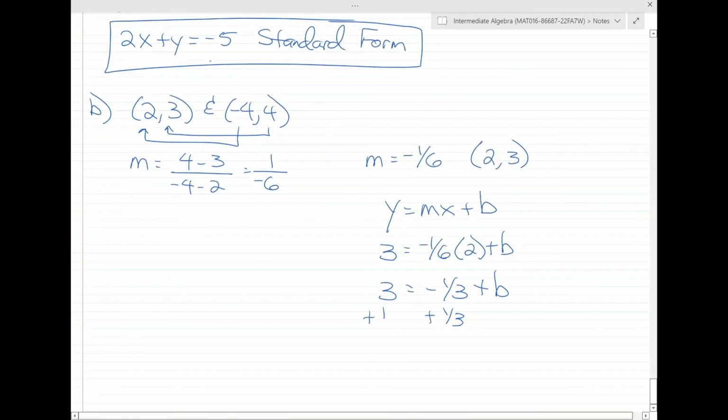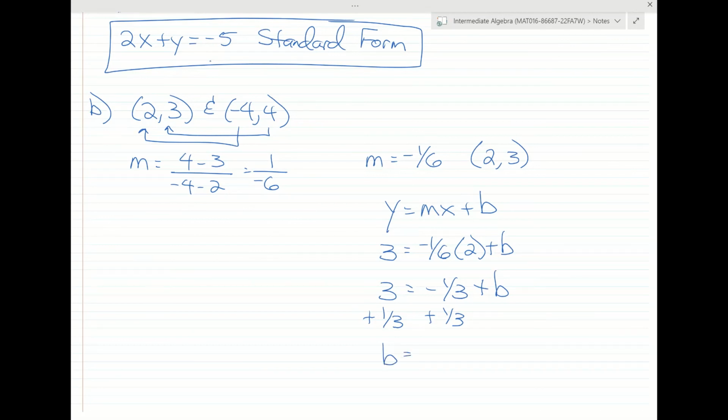We add 1/3 with 3. 3 is really 9/3. 9/3 plus 1/3 is 10/3. We have a slope, we have a y-intercept.